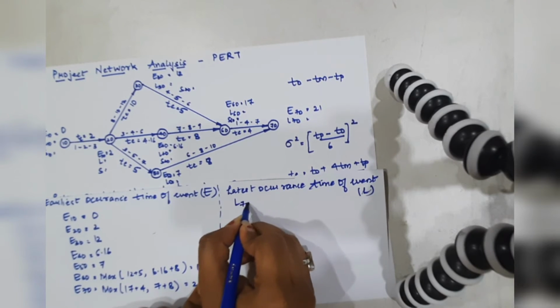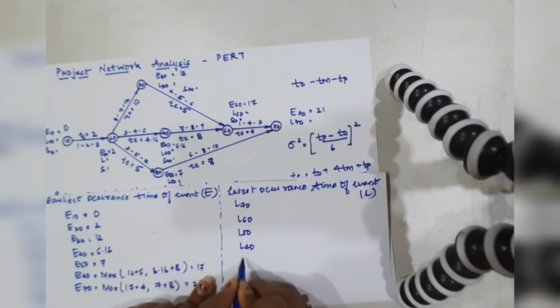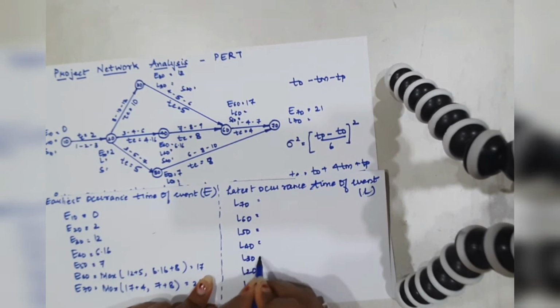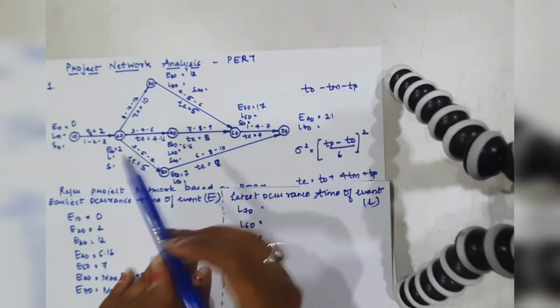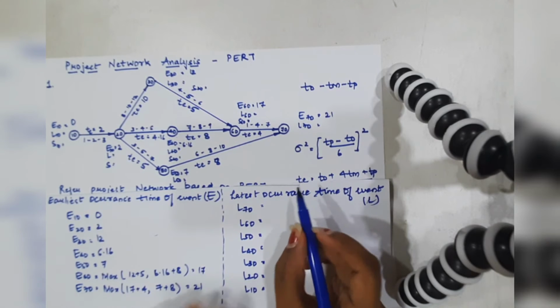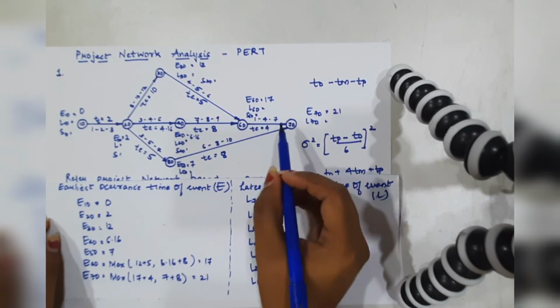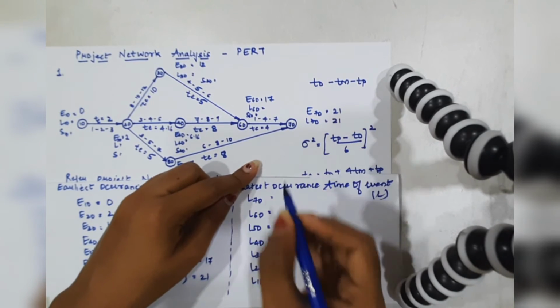First will come L70, L60, L50, L40, L30, L20, L10, and we are done mentioning it. Now let's calculate it. For calculation of L we need to go in a backward direction following the network diagram. So for L70 it would be simply 21 as it is.